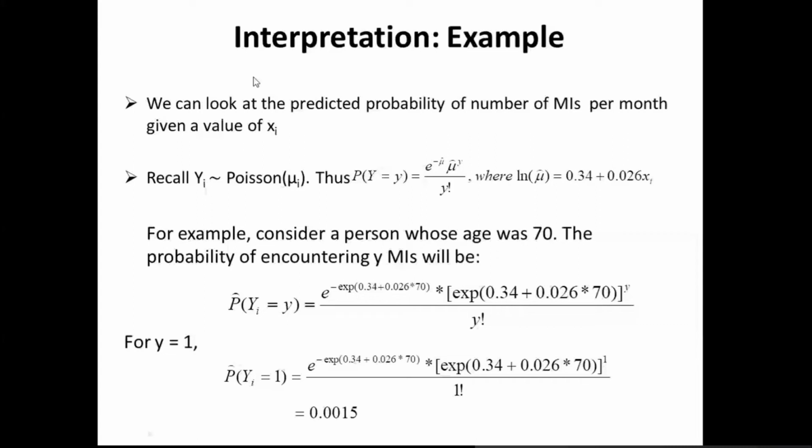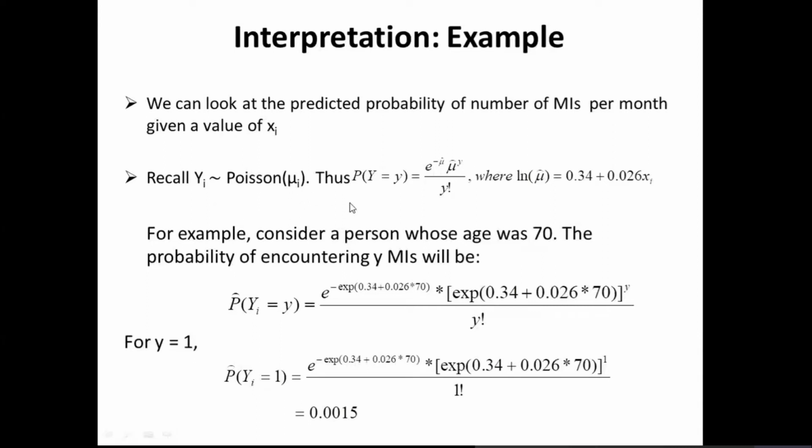We can look at the predicted probability of number of MIs per month given a value of xi. Let us assume that the number of myocardial infarctions are distributed with Poisson with mean mu.